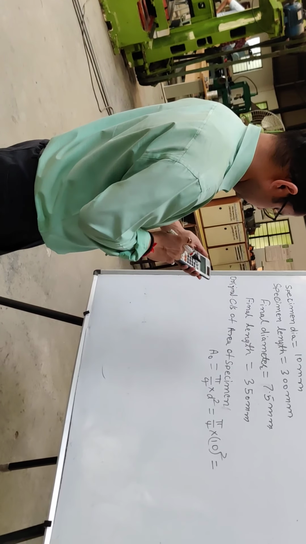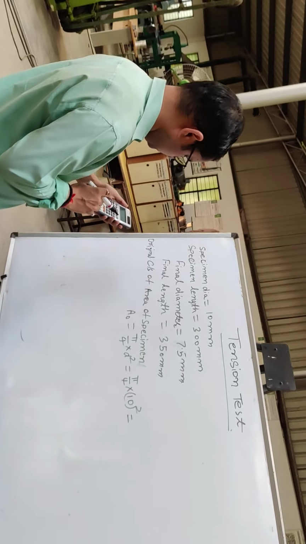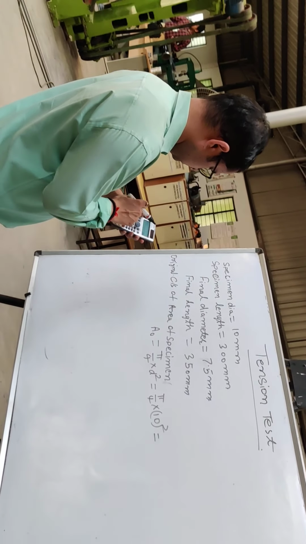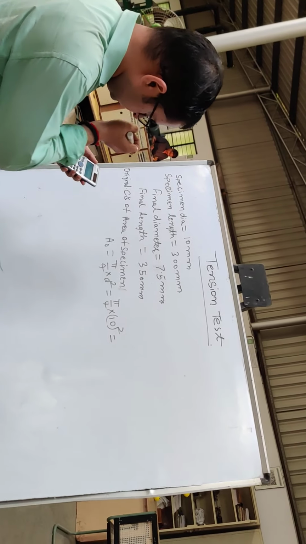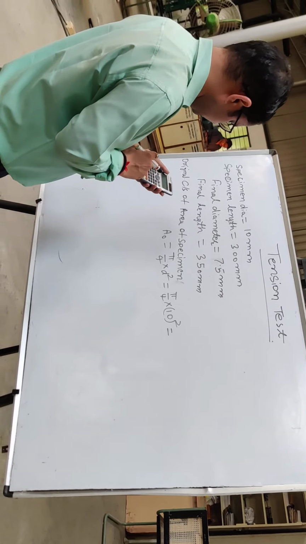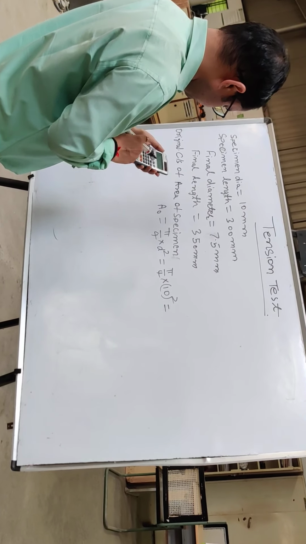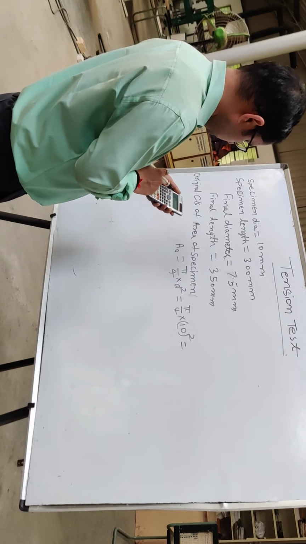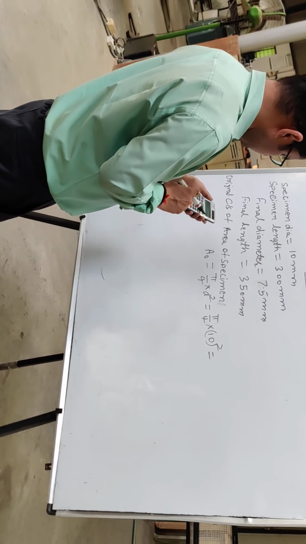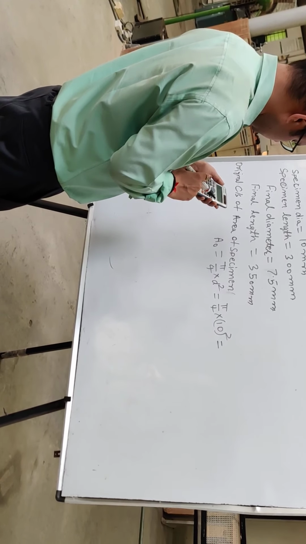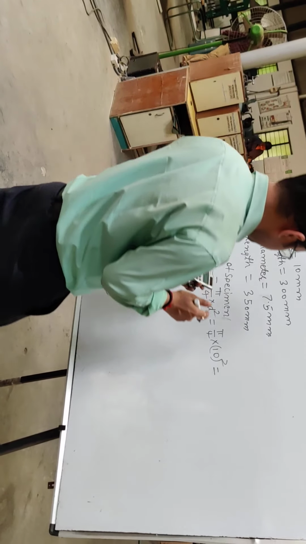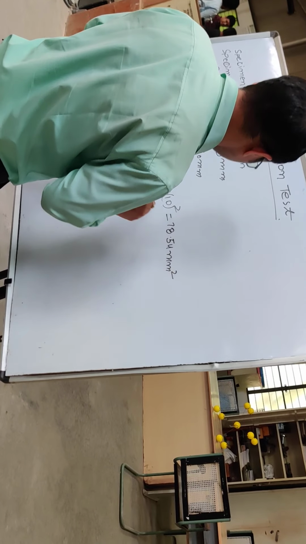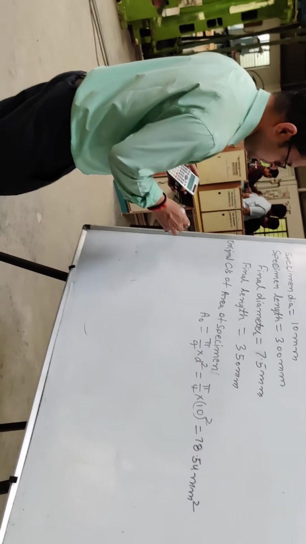So it comes pi by 4, into 100 divided by 4. So it is 78.54 mm square.